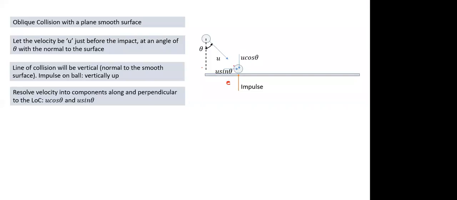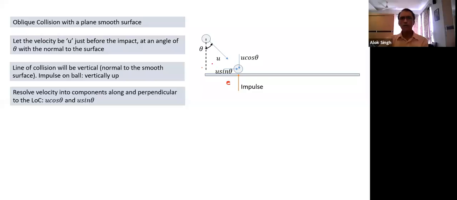So whenever we deal with oblique collision, we forget about this part. This part is not going to change. It is equivalent to a ball striking the surface with the velocity u cos theta along the normal. So what is the velocity of approach? The velocity of approach along the line of collision is u cos theta.